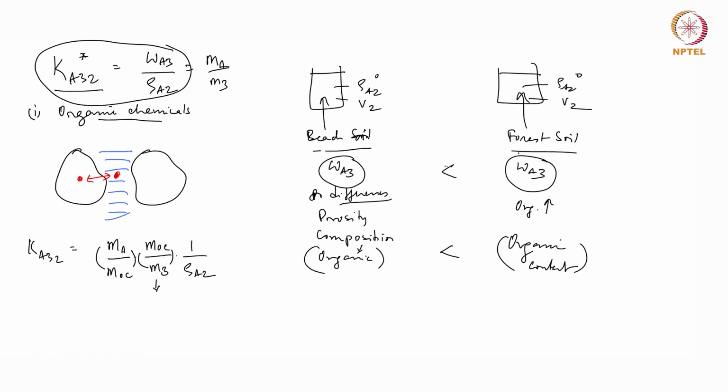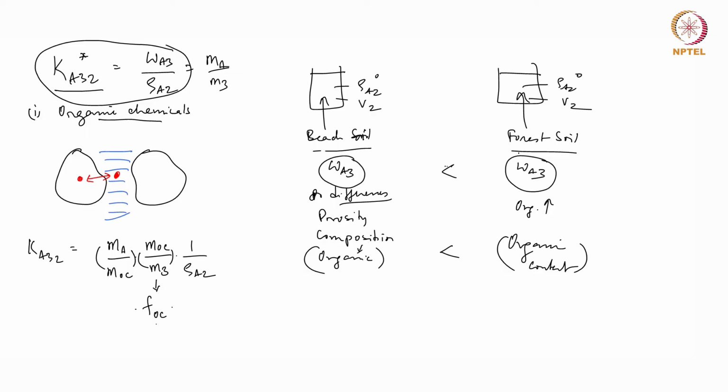It is the amount of mass of organic carbon divided by mass of the solids. We will call it the fractional organic carbon, and this term here then becomes the mass of chemical A over the mass of organic carbon. So, okay, this number here becomes a little more normalized.